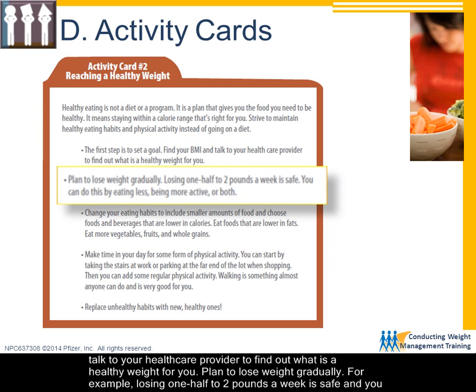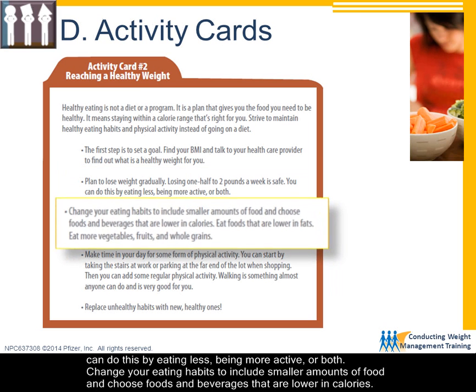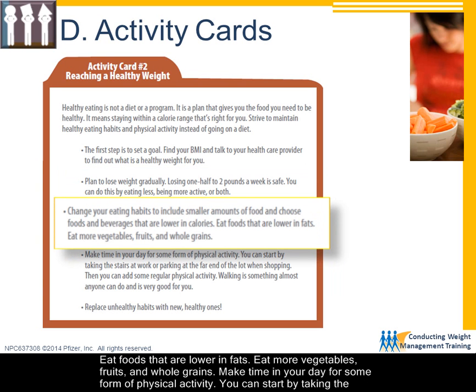For example, losing 1/2 to 2 pounds a week is safe, and you can do this by eating less, being more active, or both. Change your eating habits to include smaller amounts of food and choose foods and beverages that are lower in calories. Eat foods that are lower in fats.